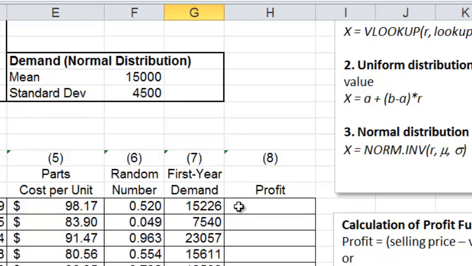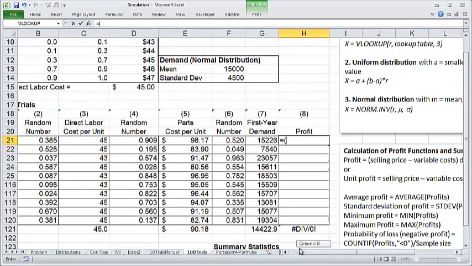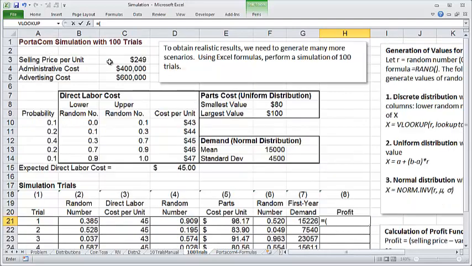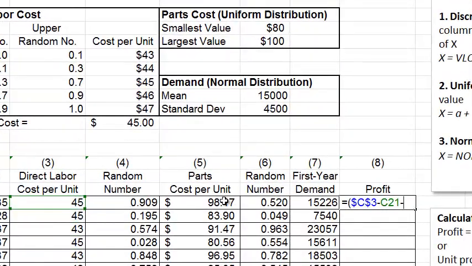Now we have the profit left to do. The profit was 249 minus the cost first. So 249, let's look for it. It's right here. Dollar signs, minus direct labor cost per unit, minus parts cost per unit, close the parentheses, times the first year demand.